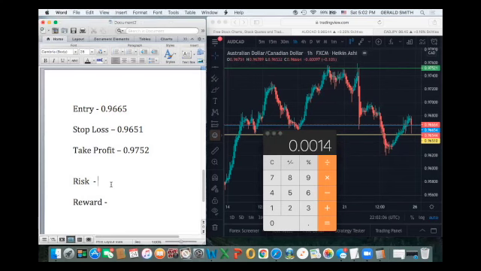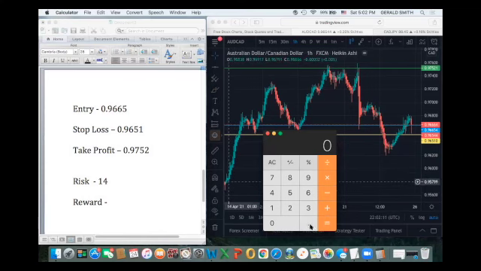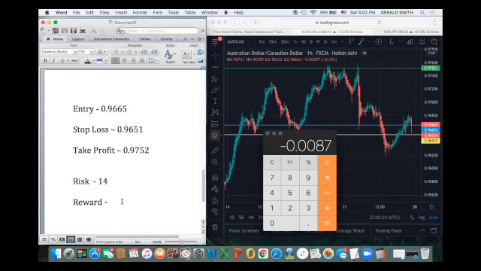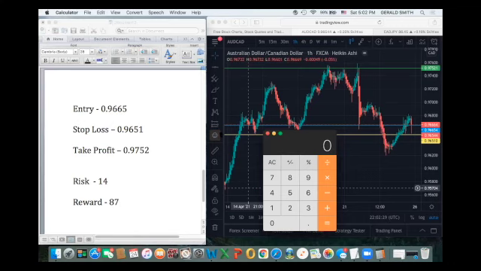So you'll be risking 14 pips. And let's go with the take profit. Entry price 0.9665. Subtract again. Take profit is 0.9752, equals 87 pips. Zeros don't matter. Don't count the zeros at all.